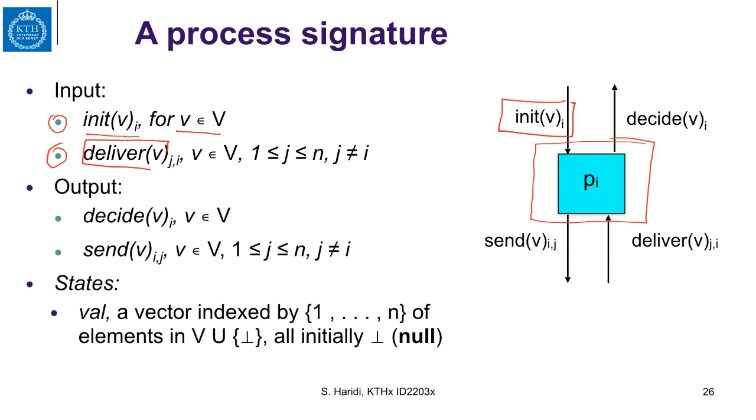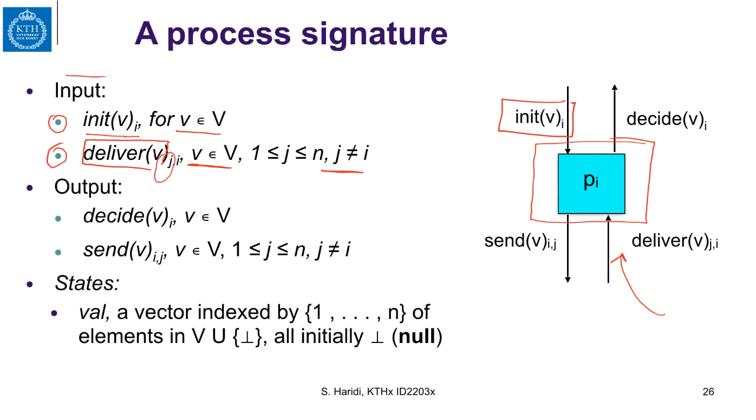So if it is between process P1 and P2, it will be deliver from, say, P2 to P1, if this is process P1. And what is deliver? It has, again, v an element of the fixed set V of messages, the values that are sent. And we have these deliver for each j that is not i. It means there is a delivery input from all processes through their channels.